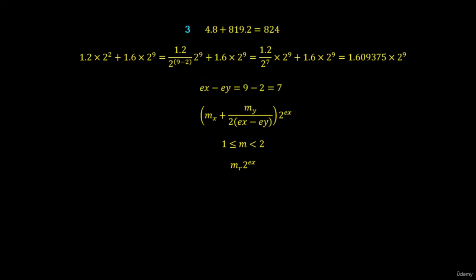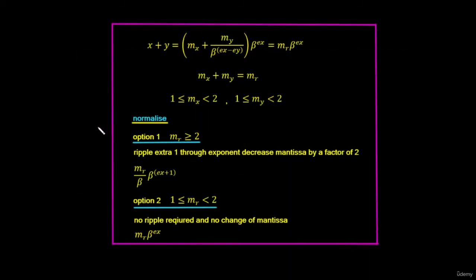So let's look at the final page here, and we'll see the final algorithm that we can use to add all numbers. So here is the general algorithm that we're going to use in order to add all numbers. Now I've replaced the value 2 with a value of beta just to generalise the equation.